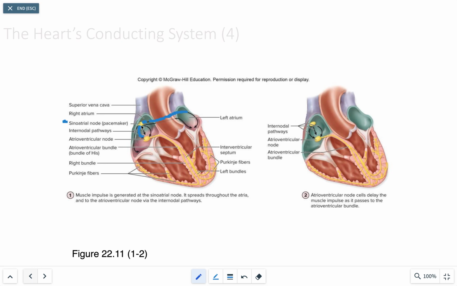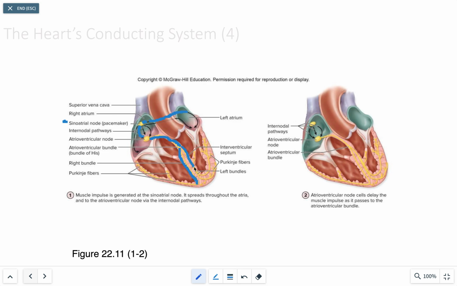So we have the SA node firing into the AV node, slowing down the conduction of the impulse to the AV bundle. The AV bundle, also known as the bundle of His, sits inside of the intraventricular septum. It is then going to branch in the intraventricular septum to the apex of the heart.